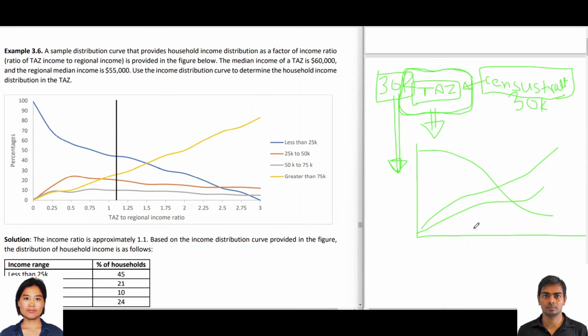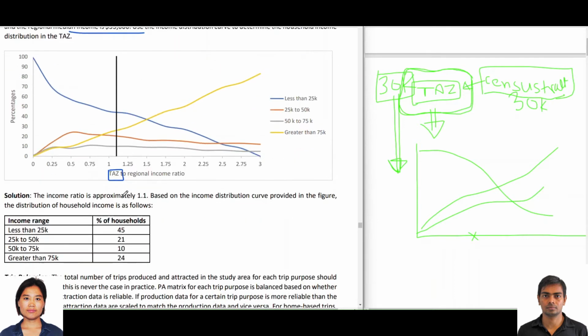And then what we do is we figure out where our average lies. Let's say 30K lies here, or an equivalent change to this. So in the example, let's say the TAZ income is 60,000, and median income is 55,000, which is regional. If we take the ratio of TAZ to regional, then we will get 1.1, and based on that, it will lie here on these graphs. So we take a vertical line moving upwards.